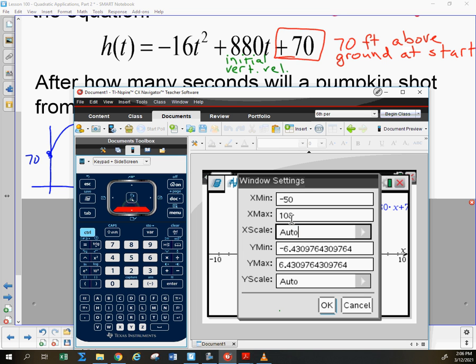Go down to Y minimum. And I want a little bit of room to work with underneath the y-axis so it doesn't totally disappear on me. So let's call that maybe negative 50. And then I really need this one to go way up high. So for my y max, let's put in 15,000.